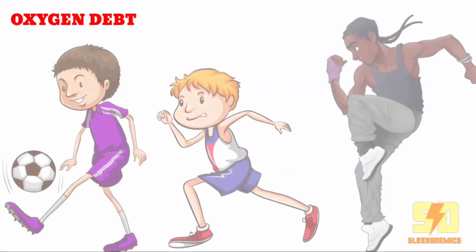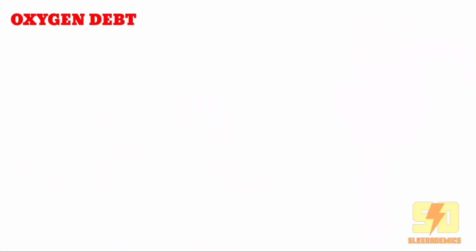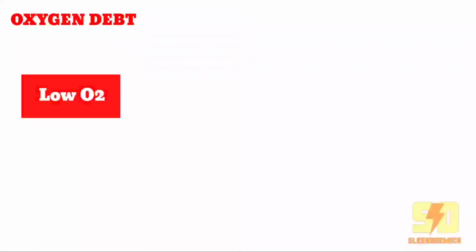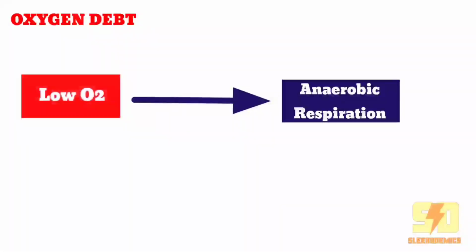There are situations where the body relies on anaerobic respiration for its energy generation. Such situations include rigorous activities or exercises where the body depends on aerobic respiration for energy production. And for energy to be produced through aerobic respiration, there has to be consistent supply of oxygen. But in a case where the amount of oxygen supplied is no longer enough, the body will automatically switch to anaerobic energy production.